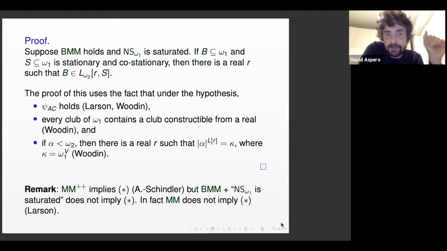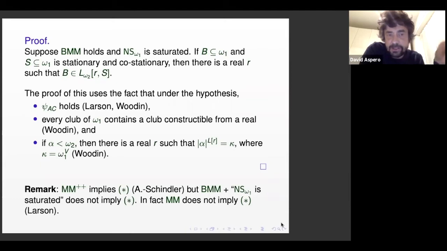Now the proof of this uses the fact that under this hypothesis, ψ-AC holds. I'll say some more, and just remind you of what ψ-AC is in a moment. Every club of ω1 contains a club constructible from a real, and for every ordinal α in ω2, there's a real R that thinks that α has cardinality κ, where κ is the ω1 of V. So combining these three facts in some way, you can prove this thing.